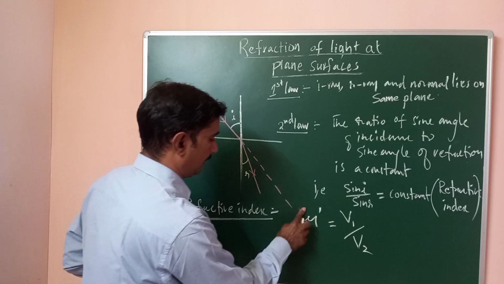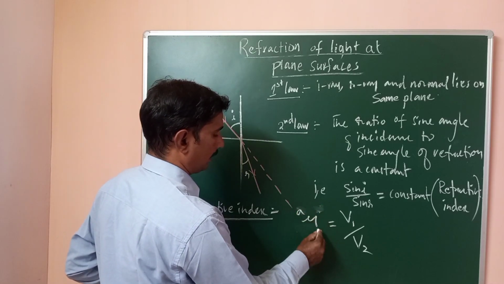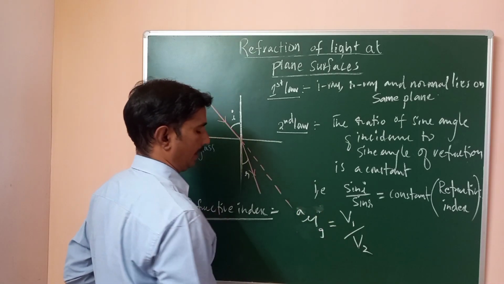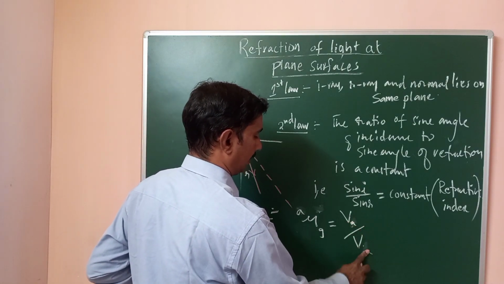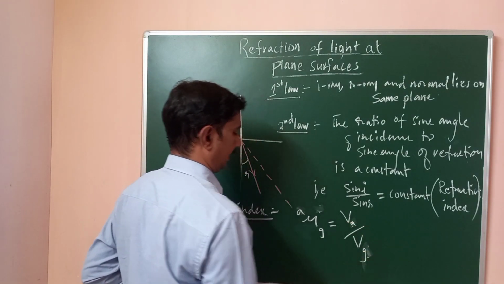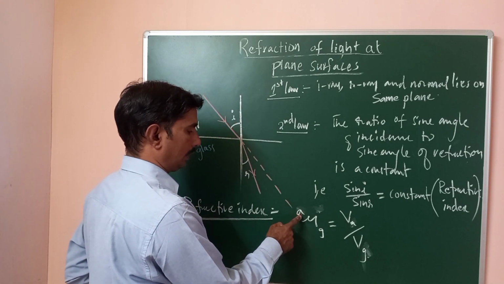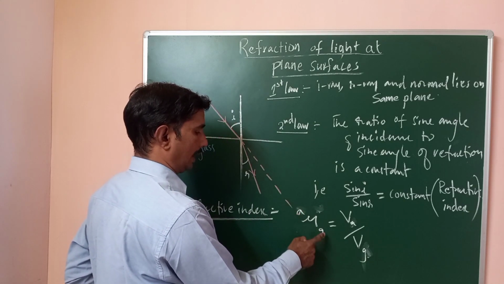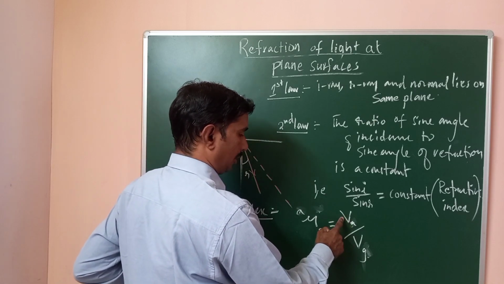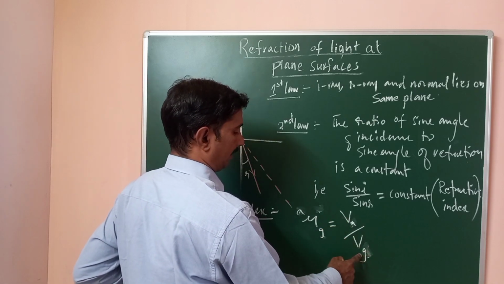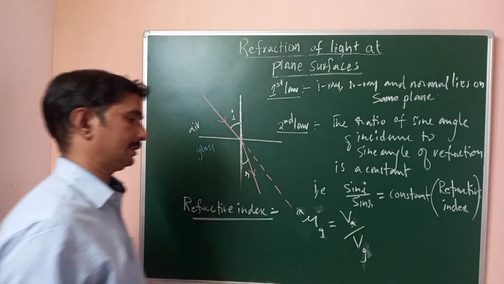If the first medium is air and the second medium is glass, we write it like this: light is traveling from air to glass, and the refractive index of glass is velocity of light in air divided by velocity of light in glass.